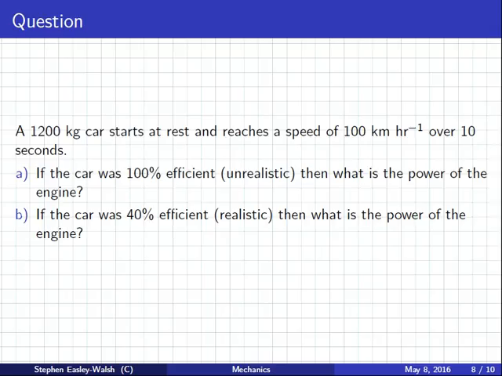Okay, do we have an answer for the first part yet? No. Andy, do you have an answer for the first part?